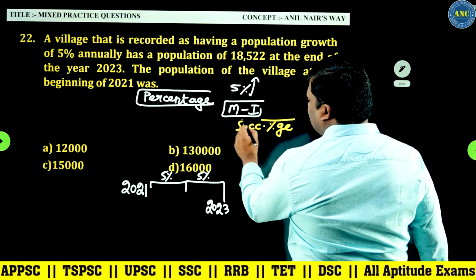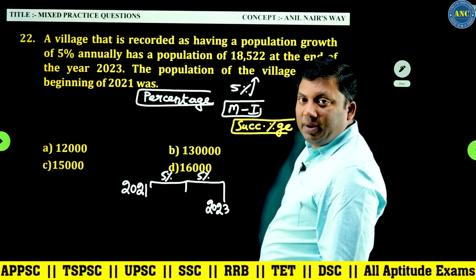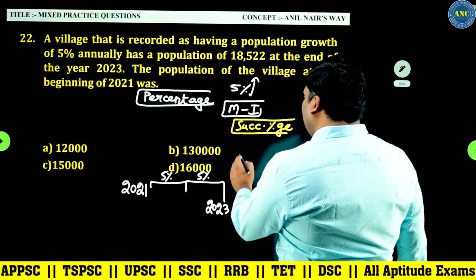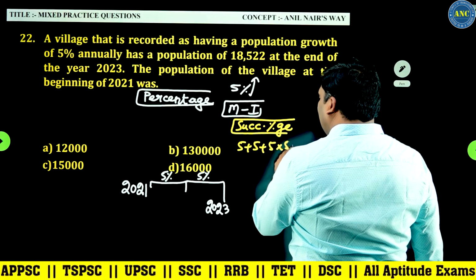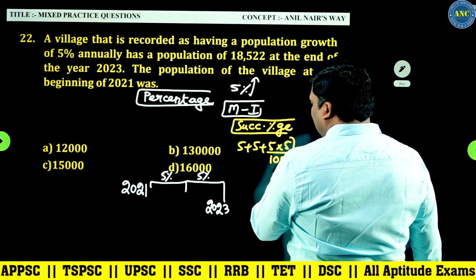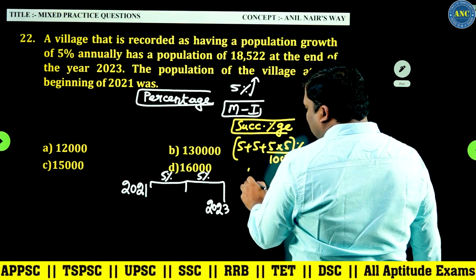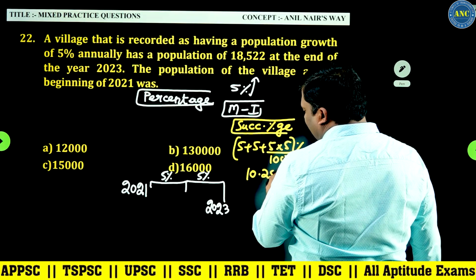If the percentage increases are A and B, the overall percentage increase is A plus B plus A into B divided by 100. That means overall it is 10.25%.